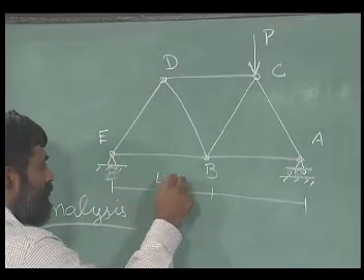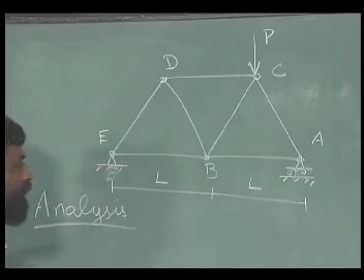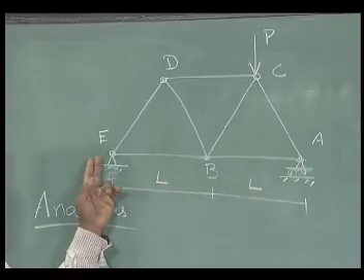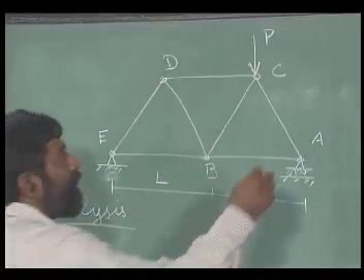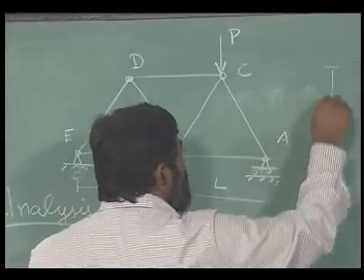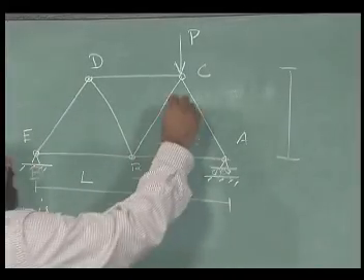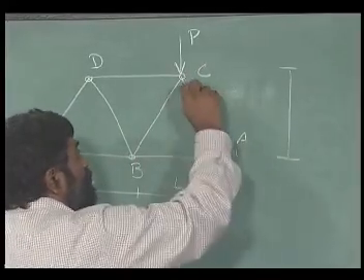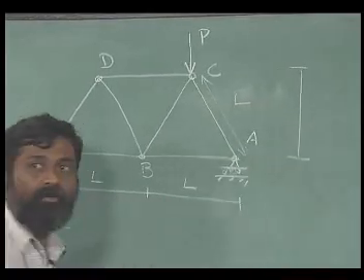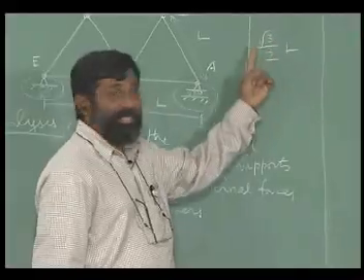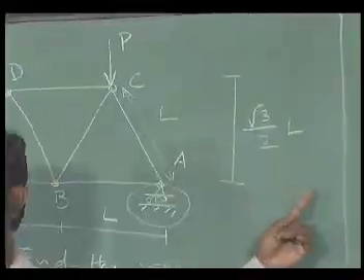So here, without loss of representation, let us say I have equal lengths of BE and AB, and let us say the height is such that this length is also L, okay. So what will this be? The height is root 3 by 2 L.